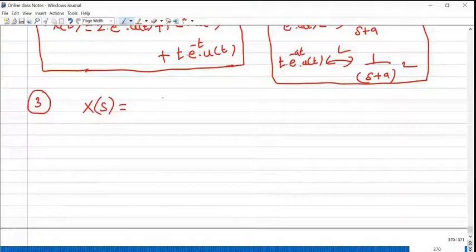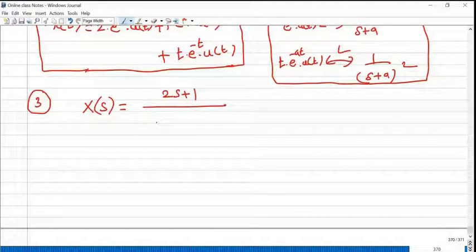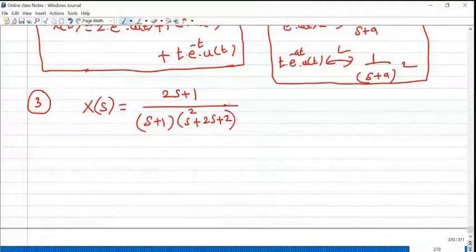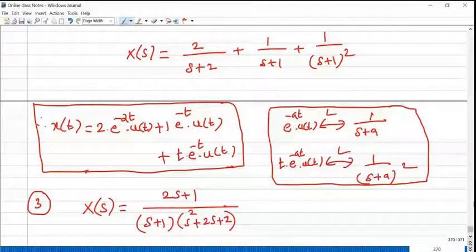Third problem: (2s + 1) / ((s + 1)(s² + 2s + 2)). Because I'm solving one model problem. First problem, simple poles. Second problem, pole repeated in the order of 2, then how to do the factorization.